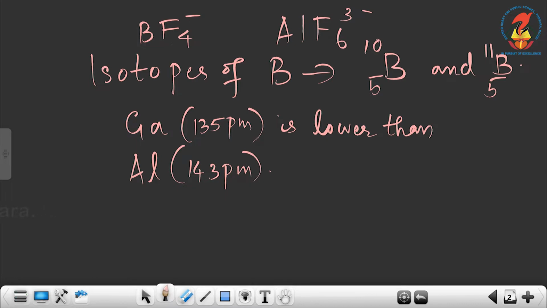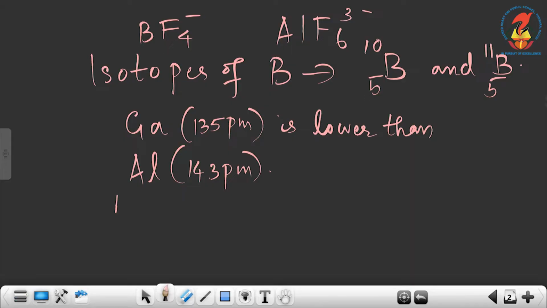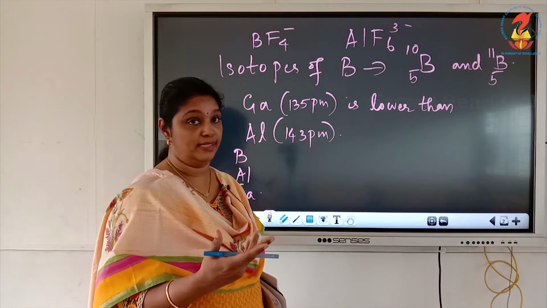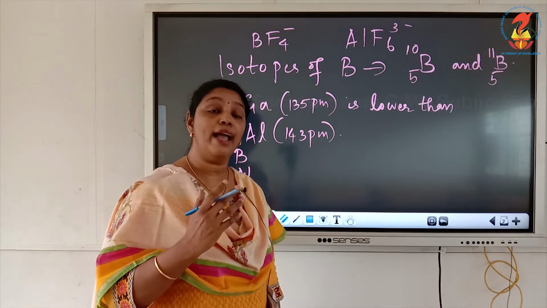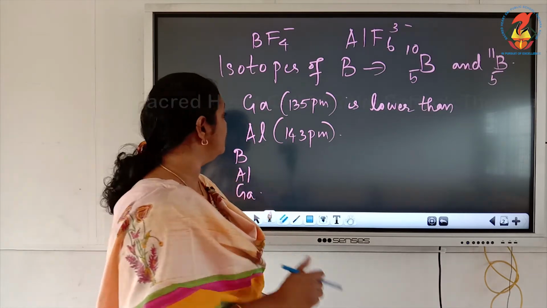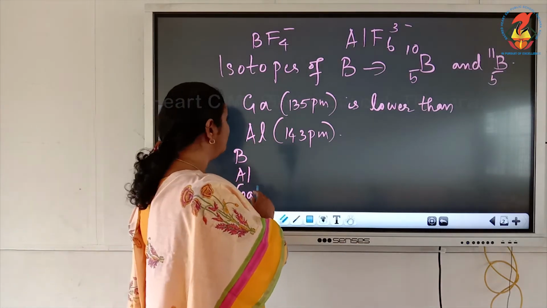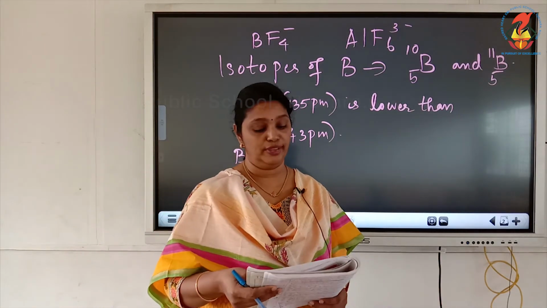Now we know the order of the elements is boron, aluminium, gallium, and we know that down the group size increases. So according to the trend that we have studied, gallium should have bigger atomic radii than aluminium, but here the question is why the atomic radius of gallium is lower than aluminium. Now what is the reason for that?